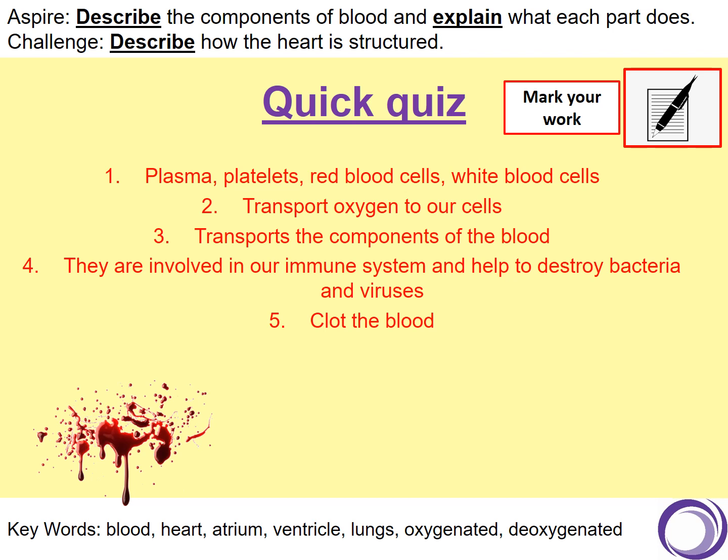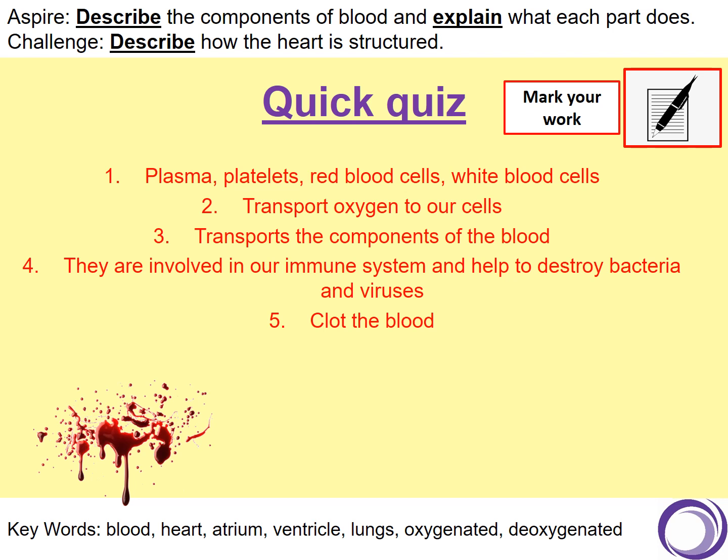Question number 3 was, what does the plasma do? The plasma, remember, is the straw-coloured liquid that transports all of the components of the blood. Question number 4 is, why are white blood cells so important?